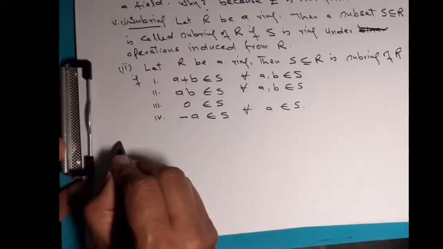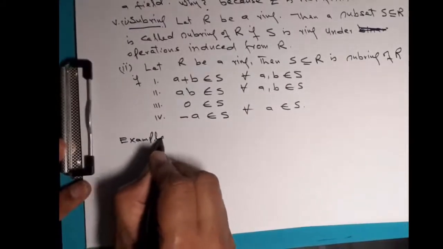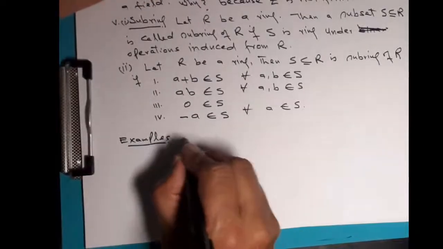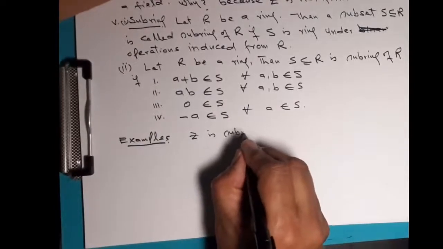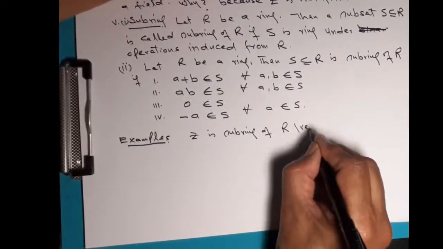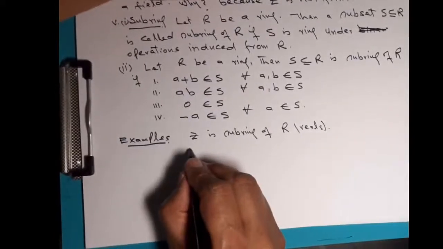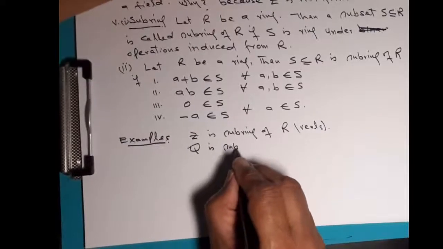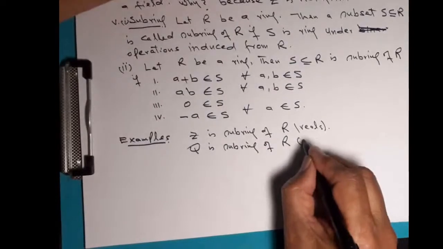Let's see examples. You can very easily see that Z is a subring of the ring of real numbers. Similarly, Q, the rationals, is a subring of the ring of reals.